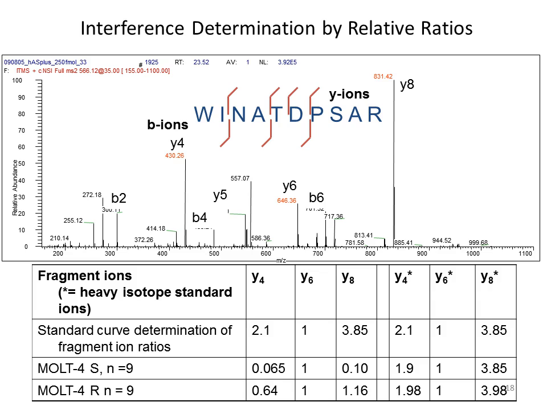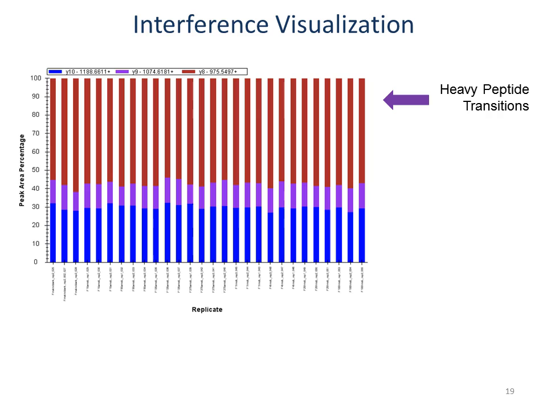And this was the way I was able to justify not using that peptide, because I could explain it. This is something we call a relative ratio or a product ion ratio, where you look at the fragment ion patterns. So it's not just mass to charge, but their intensities relative to one another. And this is just another level of identifying your peptide and making sure it's the right one and making sure it's not interfered with.